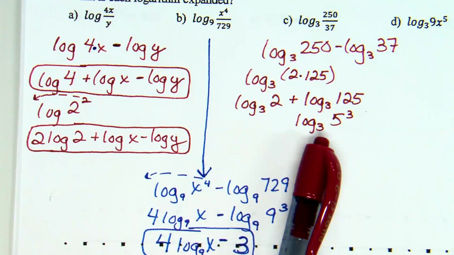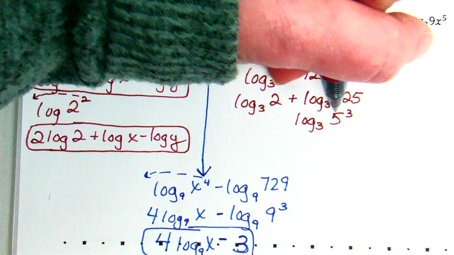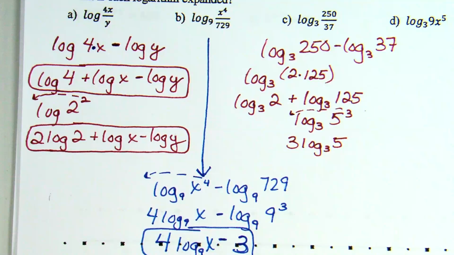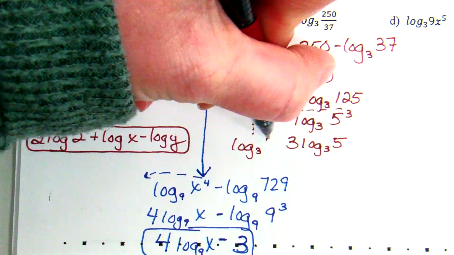What is the one last thing I can do with log base 3 of 5 to the third? Use our power property and move that 3 out front, which means that becomes 3 log base 3 of 5. Out front, what piece did we have? Log base 3 of 2 plus the 3 log base 3 of 5.